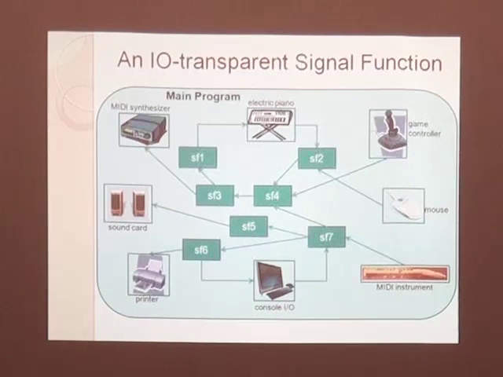For example, the mouse is a signal function that takes no input and produces a stream of maybe position values or a stream of click events. You could have an electric piano. MIDI keyboards often have input as well as output, and they just add their note events to the stream that's going through them. And so now you can think of your whole program as these signal functions.